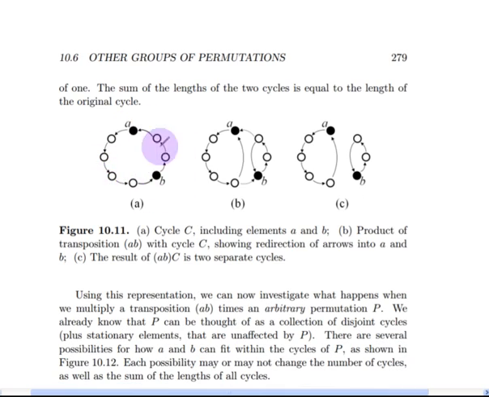Suppose I multiply this cycle on the left with the transposition AB. Okay. Now you can see how this is going to work. If I take this cycle and I multiply on the left by the transposition AB, or I shouldn't do it that way. AB looks like this.